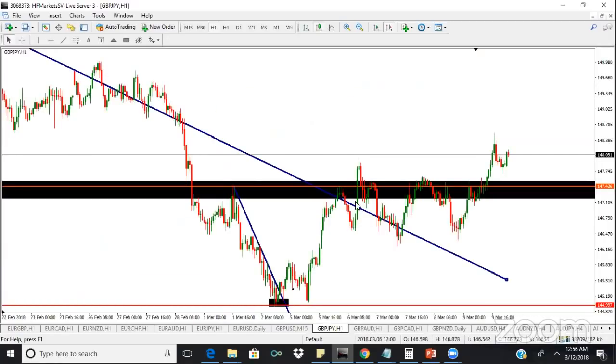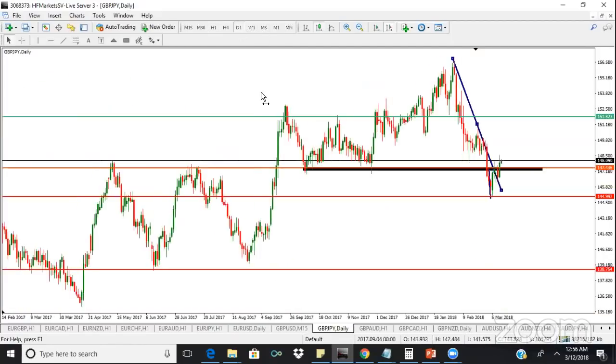He broke it here. He came back to retest it, went up, came down, finally broke it. So GU, buy opportunity. We're expecting it to come here. GU, buy.